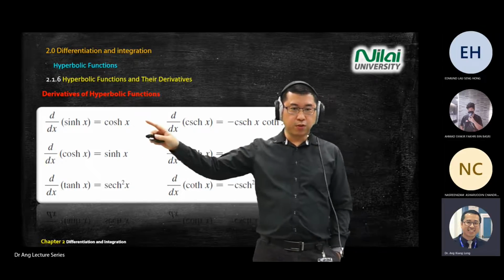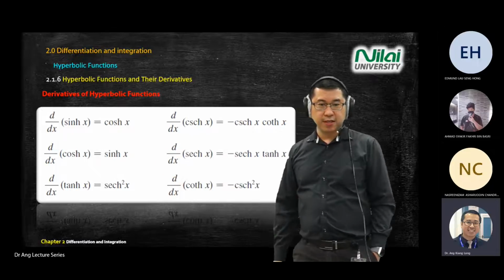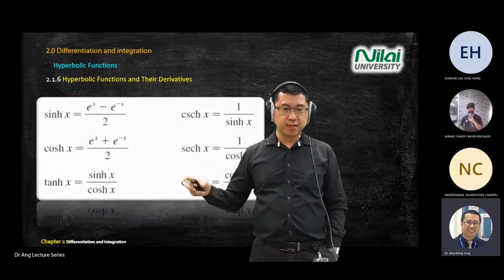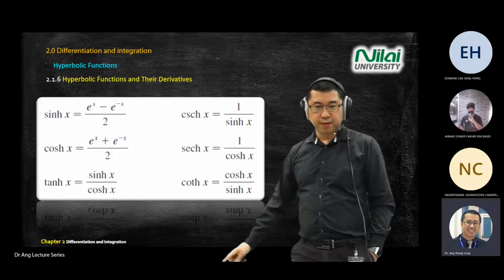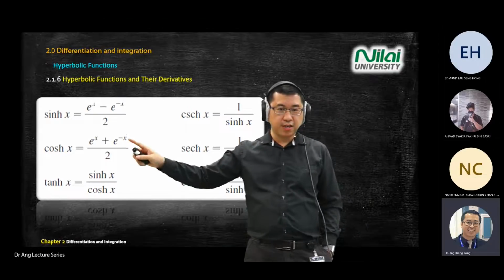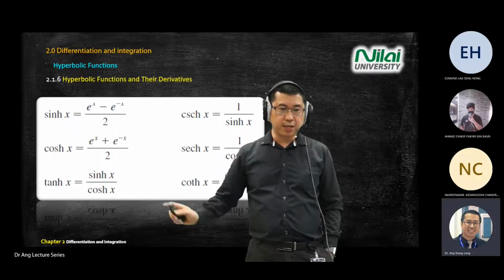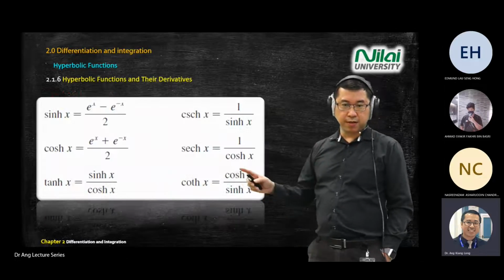You use this table and convert to cos hyperbolic x. Then you use this table: cos hyperbolic x equals this one. Then you convert the answer, cos hyperbolic x equals e power x plus e power negative x divided by 2. So there are 3 tables.